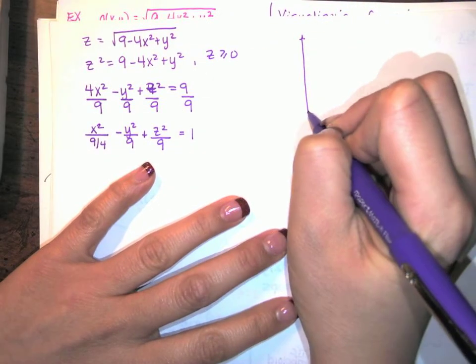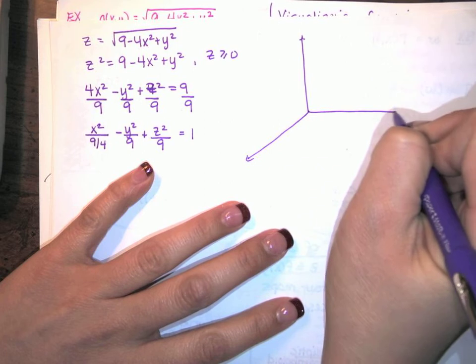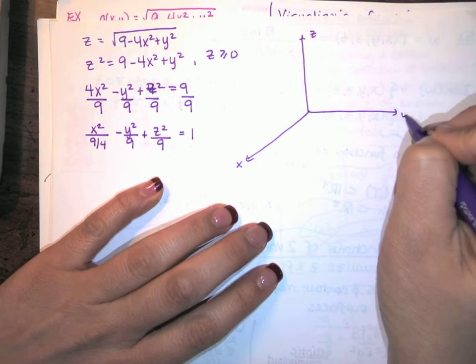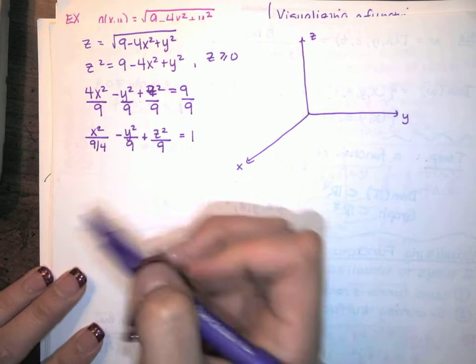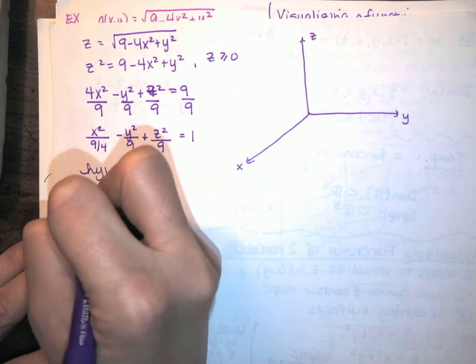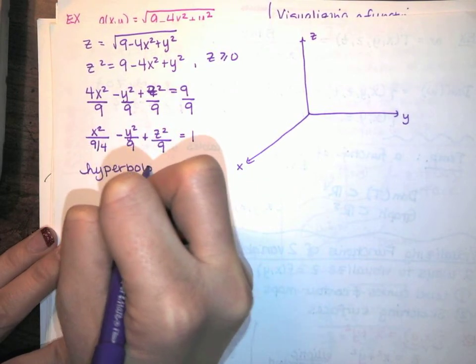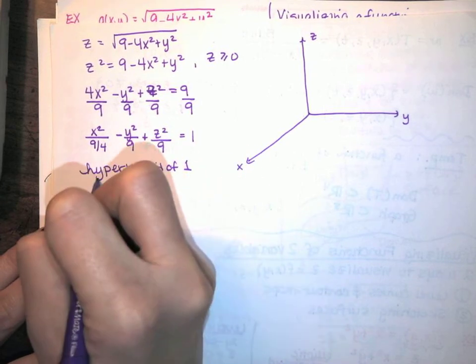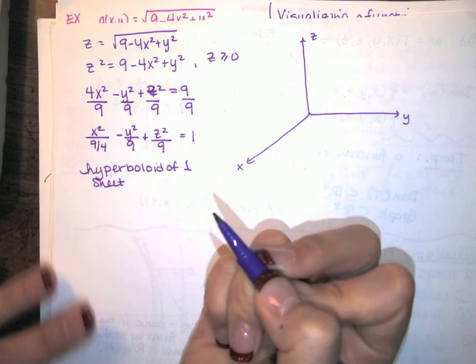Well, if we didn't have the restriction that z was positive, we would have a hyperboloid of one sheet. Remember, if you have one negative and two positives, it's a hyperboloid of one sheet.